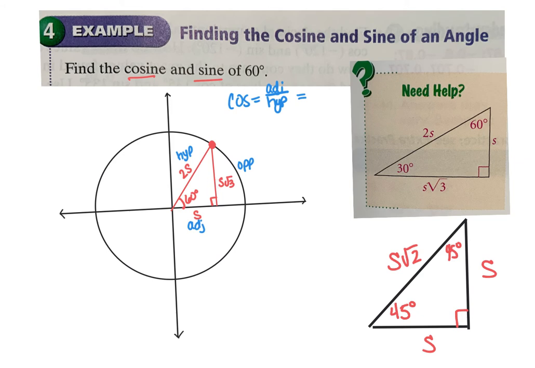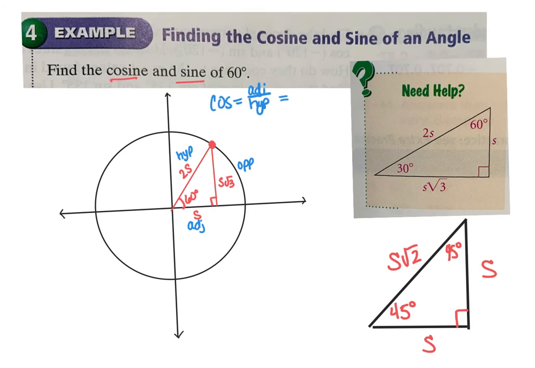So in this case, tell me, in terms of the variables that I have, what is my adjacent side over my hypotenuse? S over 2s. So I have my adjacent side over my hypotenuse. Can I simplify that? 1/2. You can't even take out that. 1/2, right? Everybody see that I can simplify that? Let's look at sine.